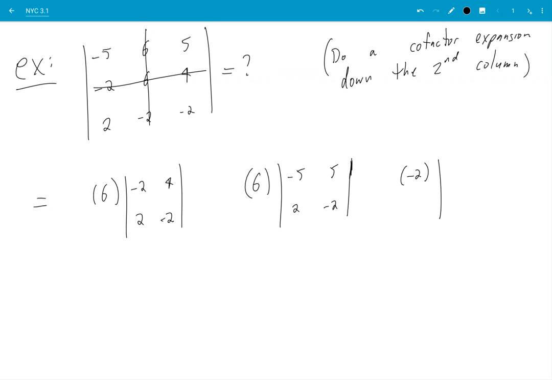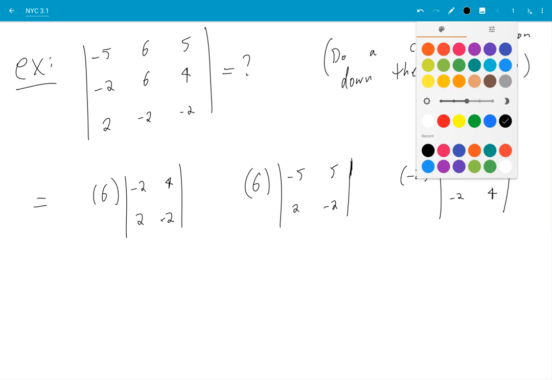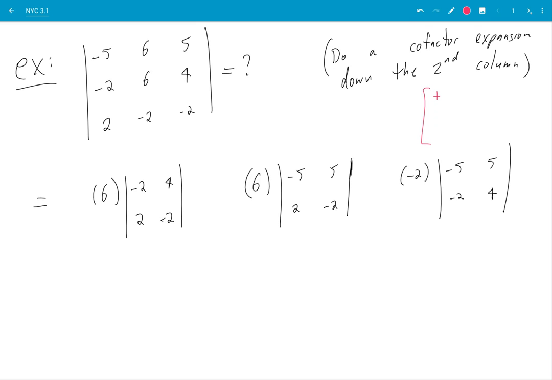And then when you have the -2, that's that guy down there. -5, -2, 5, 4. Now, what else? Let's remember our useful little diagram. We're using this column. So we go minus, plus, minus.